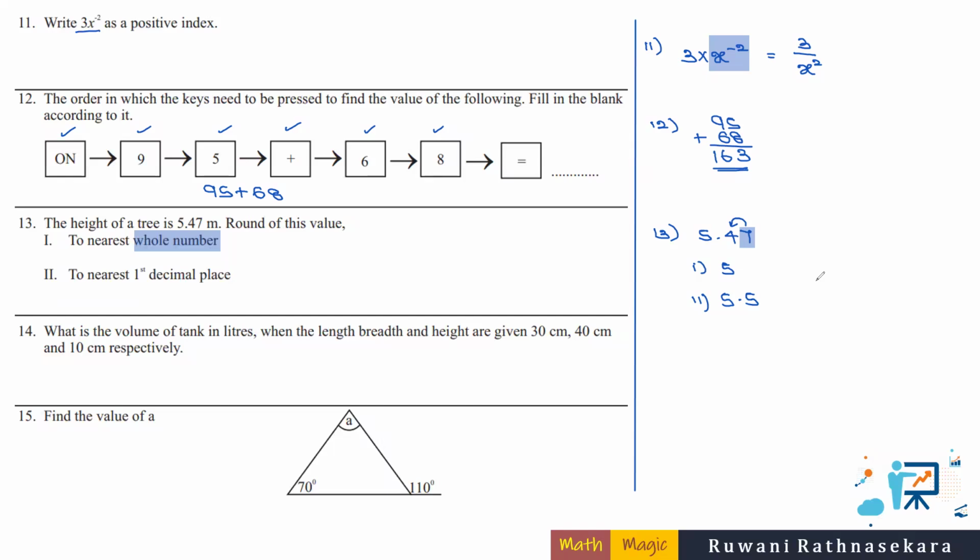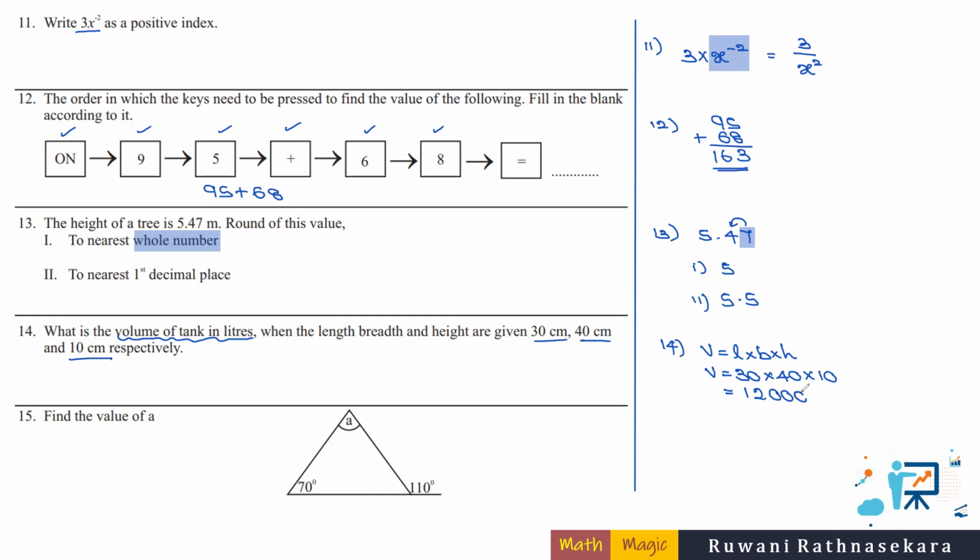In the 14th question, you have to find the volume of a tank in liters when the length, breadth, and height are given in centimeters. When it's volume, always there's one formula which comes to our mind, which is length into breadth into height, where you have to multiply these three measurements in the same unit together. 3 times 4, 12. 12 into 1 is 12.